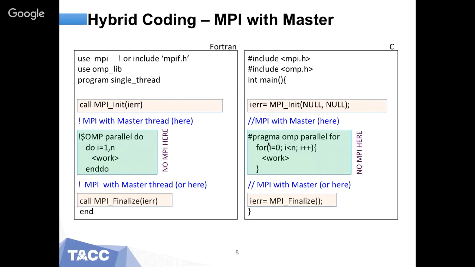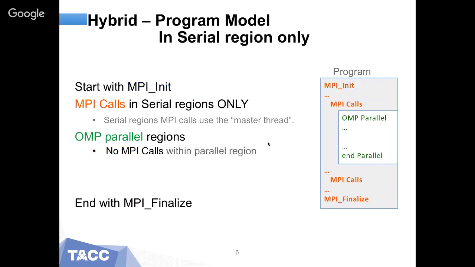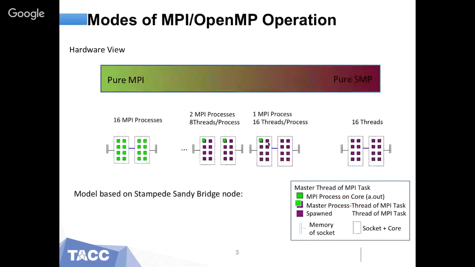So the important thing with hybrid is you have to worry about the affinity for the MPI process, right? That's the first thing that gets started. When I'm trying to do this, I have to have the affinity set so that MPI knows to put one here and one here. There are some things you do to do that.